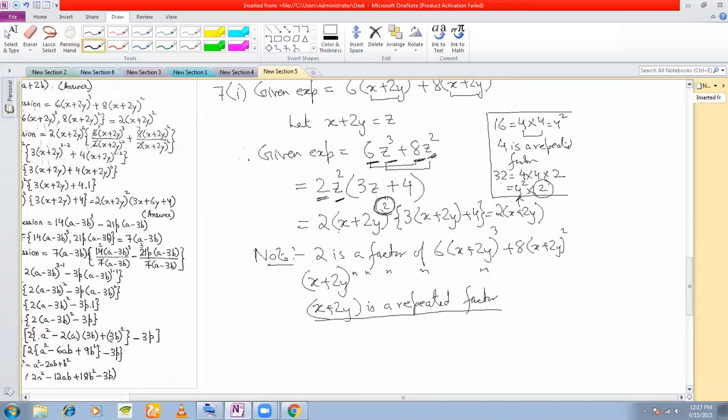And if you simplify this within the curly brackets, you get 3x plus 6y plus 4. So you're getting 3 factors. This 2 is one factor, this is another factor, and this is also a factor. So you write 3x plus 6y plus 4 is a factor of this expression. Okay, I'll stop here.